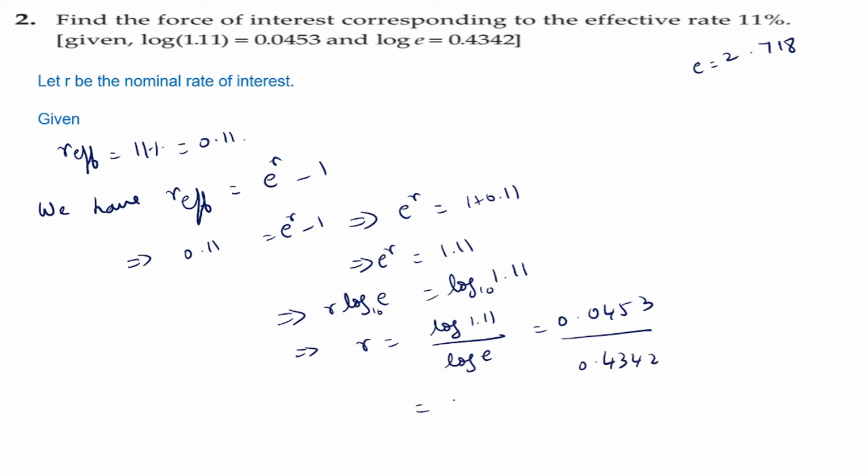Now when we simplify, we get 0.1043. Therefore, R is equal to 10.43%. So, a force of interest of 10.43% corresponds to an effective rate of 11%.